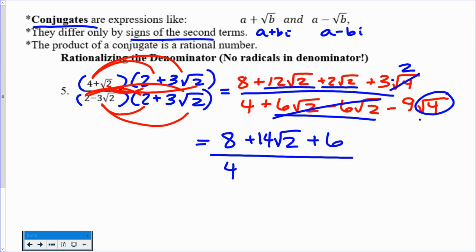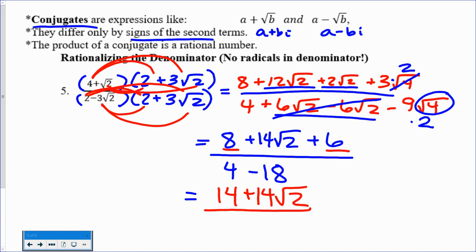The square root of 4 would be 2, so I'm taking 9 times 2. So I have 4 minus 18. Okay, so if I look back up on top, 8 plus 6 would be 14, plus 14 square roots of 2, divided by 4 minus 18, which would be negative 14.